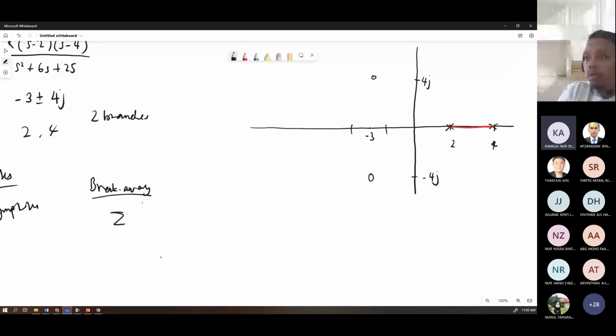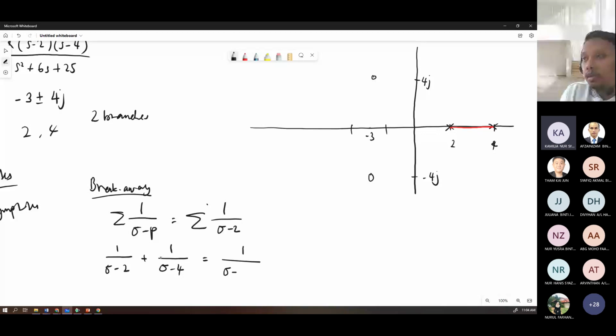So sum of 1 over sigma minus poles equals sum of 1 over sigma minus zeros. So 1 over sigma minus 2 plus 1 over sigma minus 4 equals 1 over sigma plus 3 minus 4j plus 1 over sigma plus 3 plus 4j. Okay, simplify.